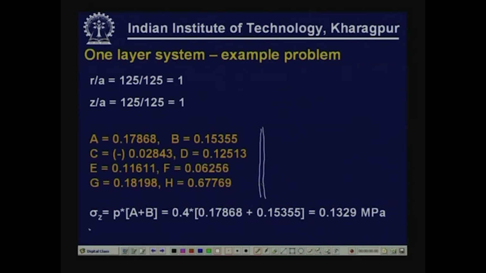So, for this, sigma Z can be calculated as P, applied pressure, which was 0.4, and coefficients A and B. So, this is the vertical stress at that location.